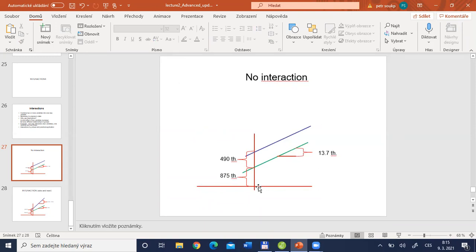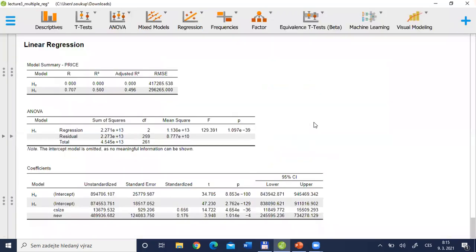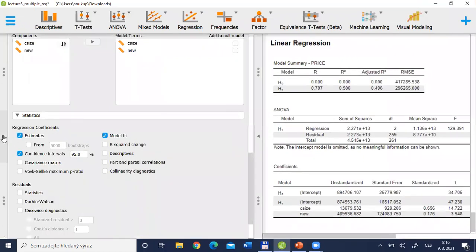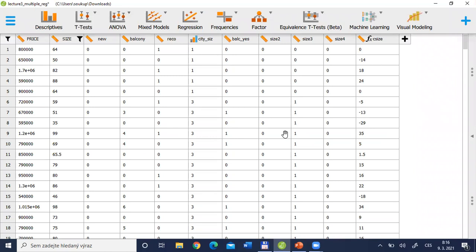So it means we would take the variable of size and the variable describing whether it is old or new together, and we will create one new variable. There are two options in JASP how to create interactions. The first option would be to go back to our data matrix and click on this black plus and compute a new variable, which is the multiplication of C size and whether the flat is new or not.